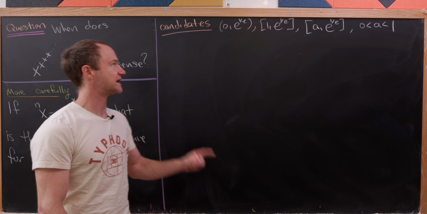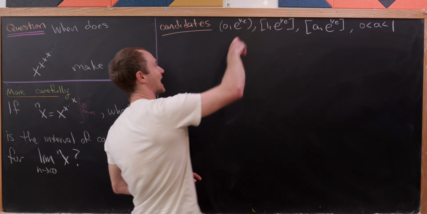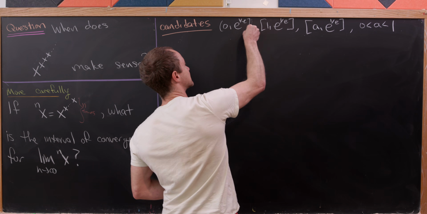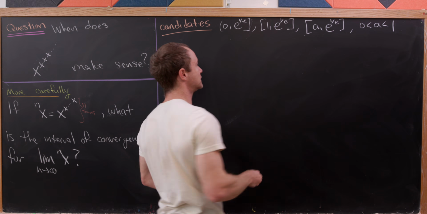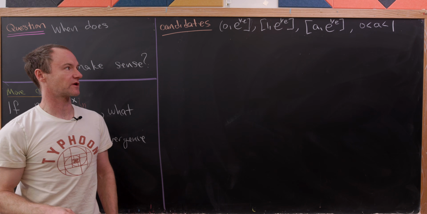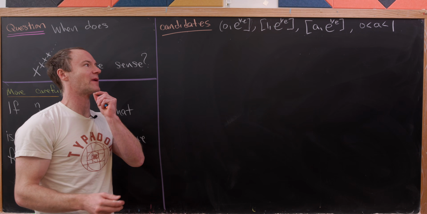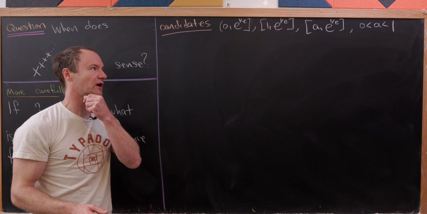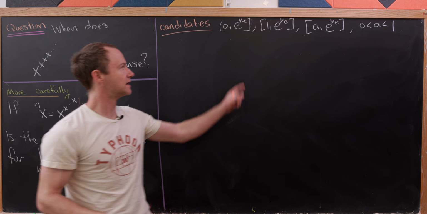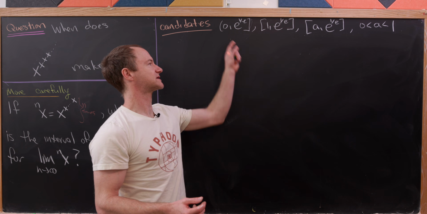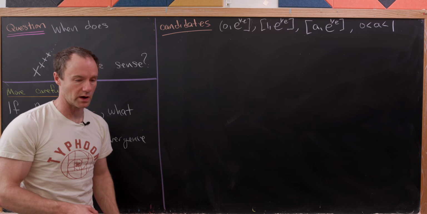We could have the x values on the half open interval from 0 to e to the 1 over e, on the closed interval from 1 to e to the 1 over e, or on the half open or closed interval from a to e to the 1 over e, where a is somewhere between 0 and 1. And the last one is like a worst case scenario if something breaks somewhere between 0 and 1.